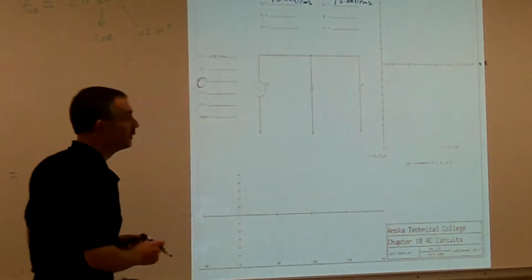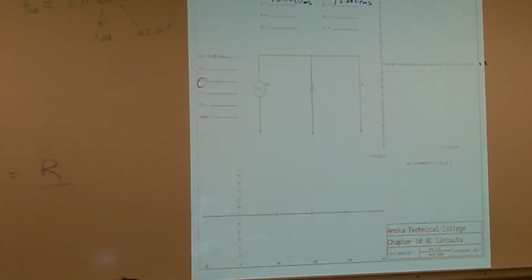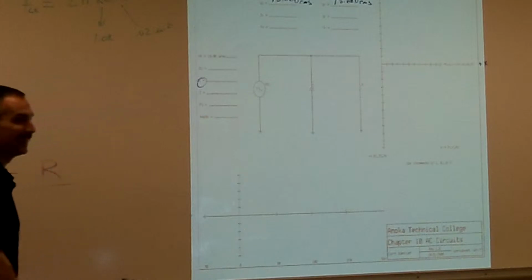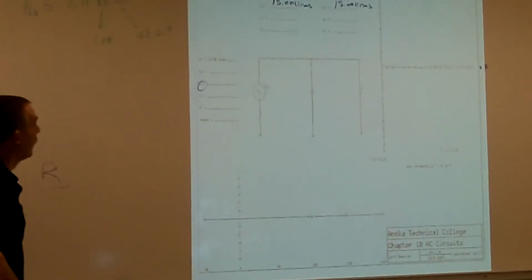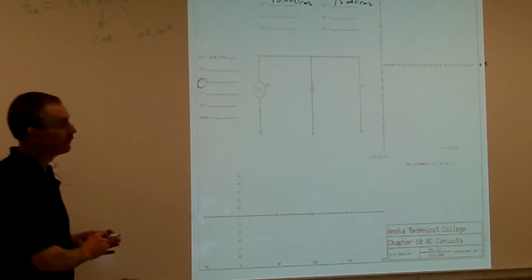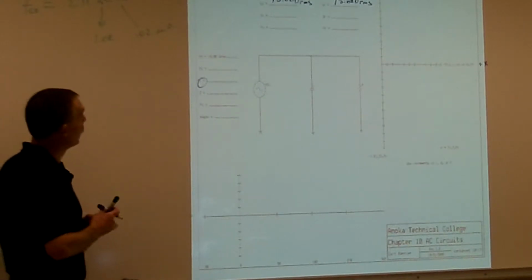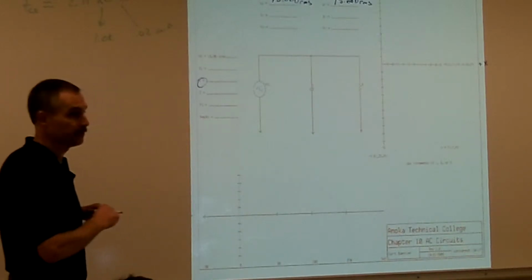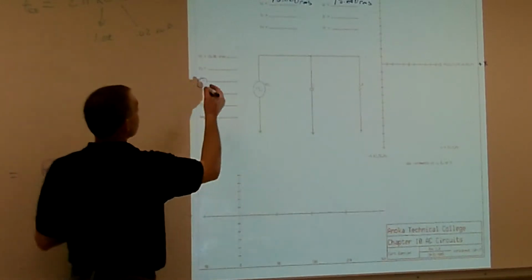More conductance. All right, so what do we get for Y? Did we come up with a number yet? 36.87 degrees.